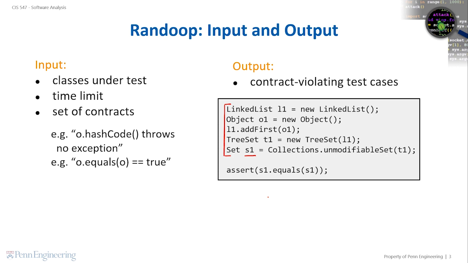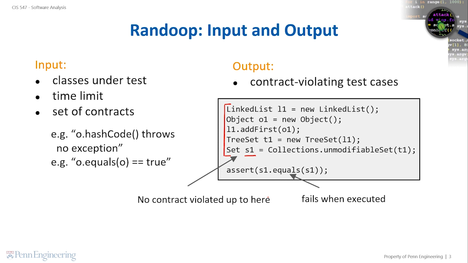In order for this test case to be valid, two conditions must hold. First, no contract should be violated up to the end of the execution of the sequence. For instance, no exception should be thrown during the execution of the sequence.